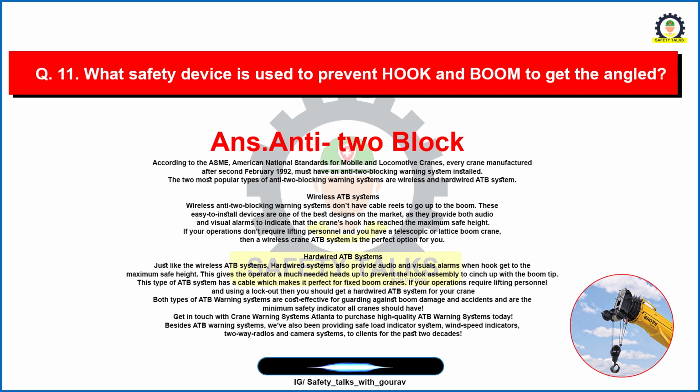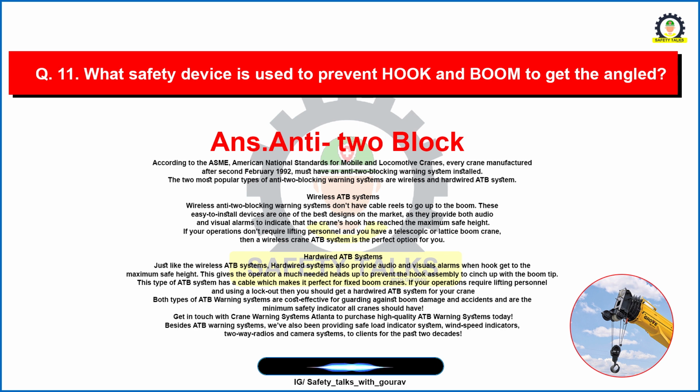Apart from that, let's talk about the hardwired anti-two block systems. Just like the wireless anti-two block systems, hardwired systems also provide audio and visual alarms when the hook gets to the maximum safe height. This gives the operator a much needed heads up to prevent the hook assembly from clinching up with the boom tip.